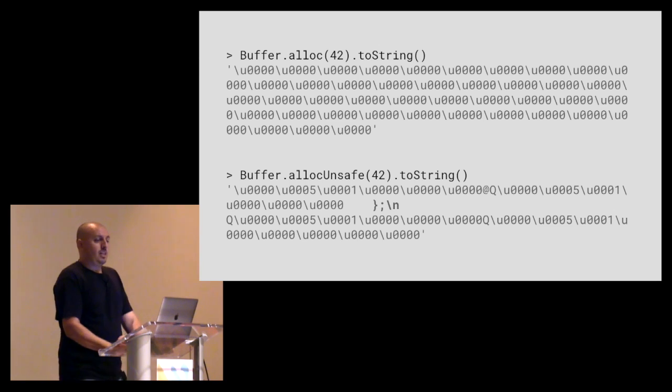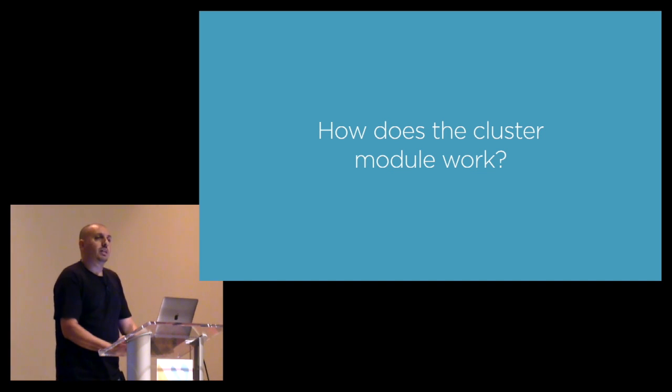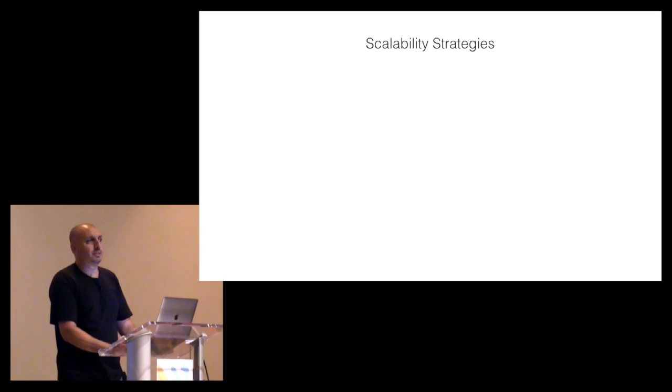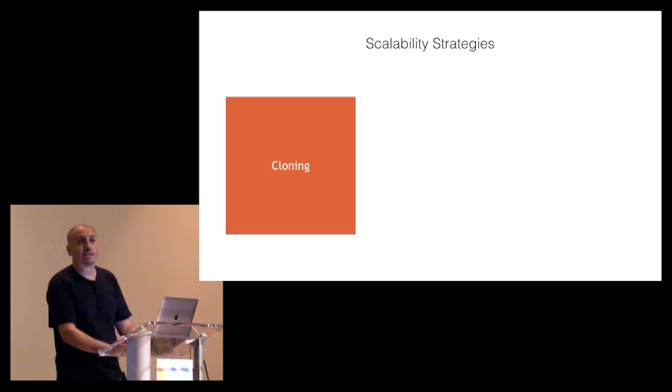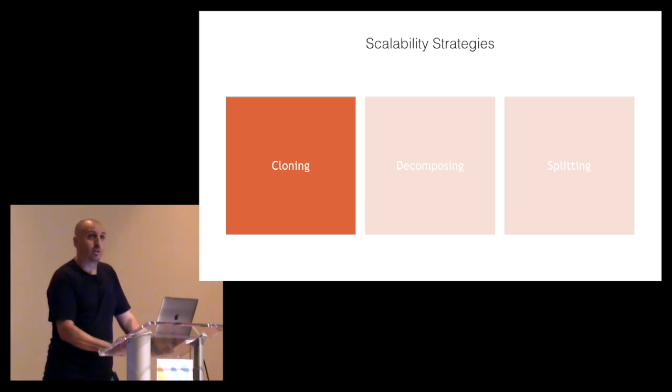How about the cluster module? How does the cluster module work in Node? So the cluster module is to help us with scalability, and to help us particularly with the cloning scalability strategy. Not the other ones. There's more scalability strategies. The cluster module is just for the cloning scalability strategy.